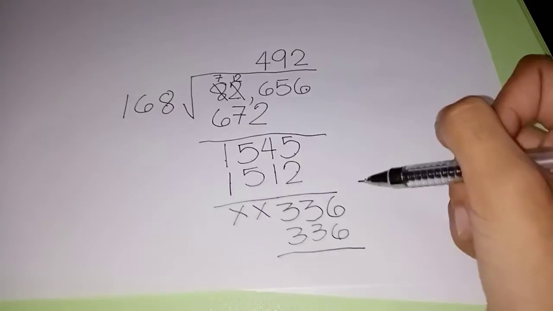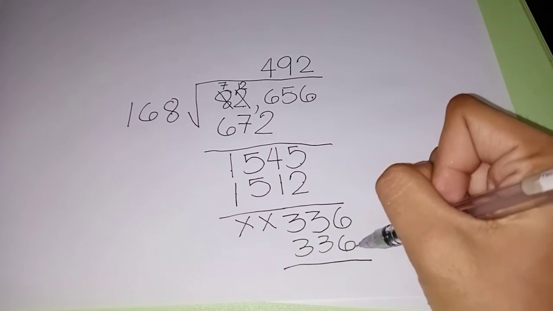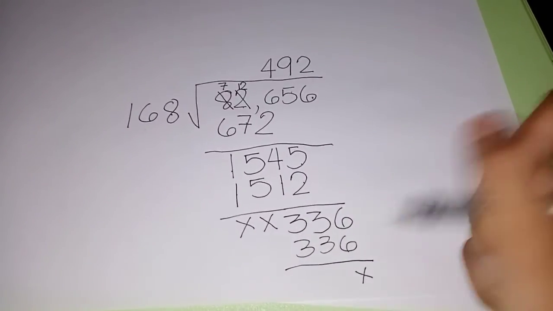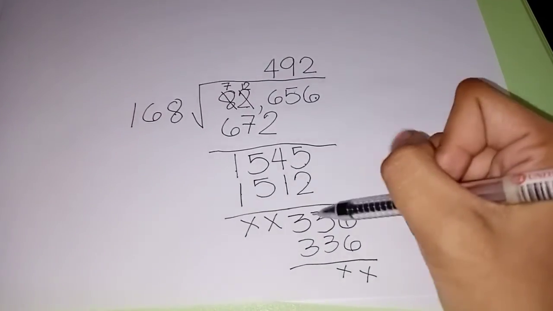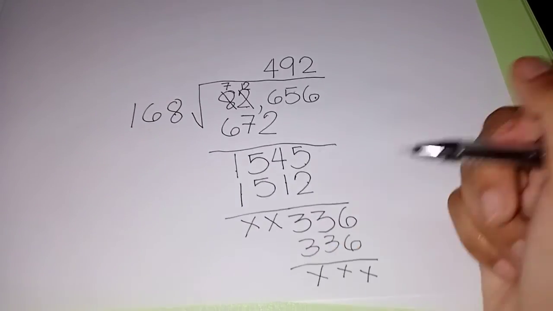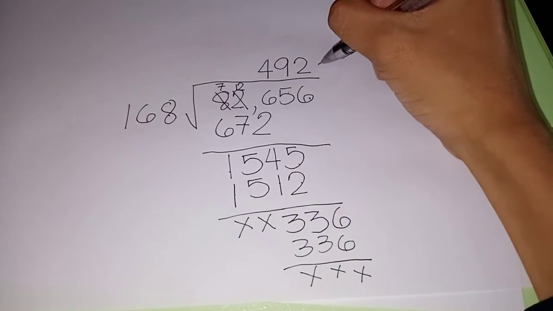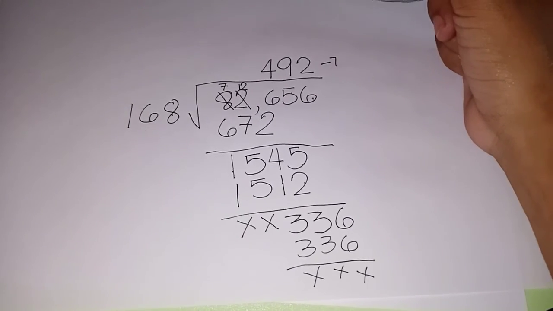And again, we will subtract. 6 minus 6 is equal to 0. 3 minus 3 is equal to 0. And 3 minus 3 is again 0. So this is what we call the quotient.